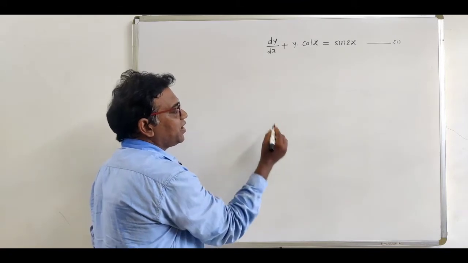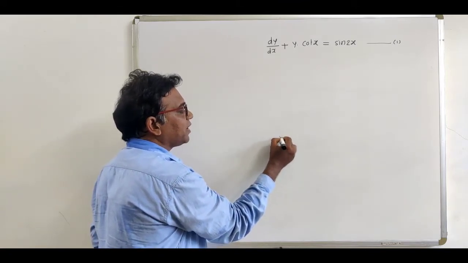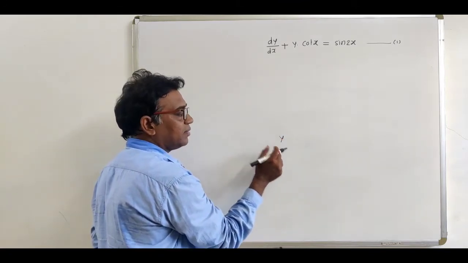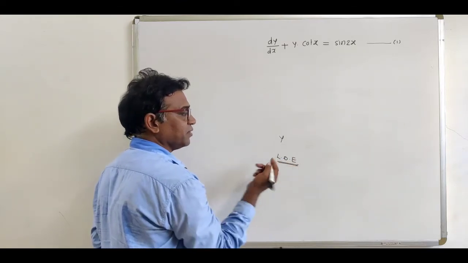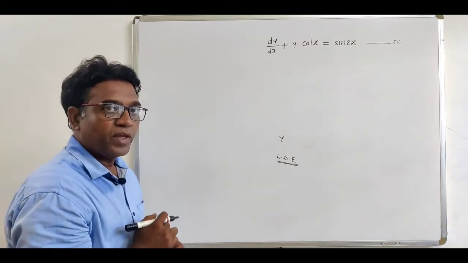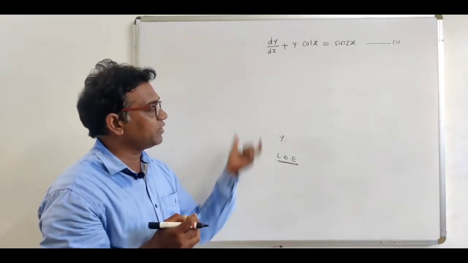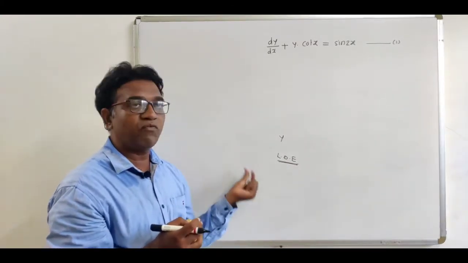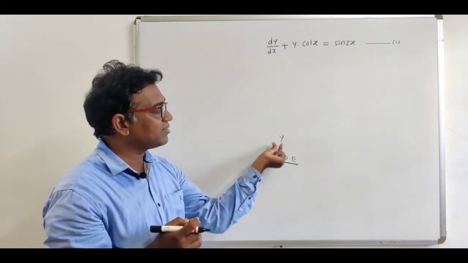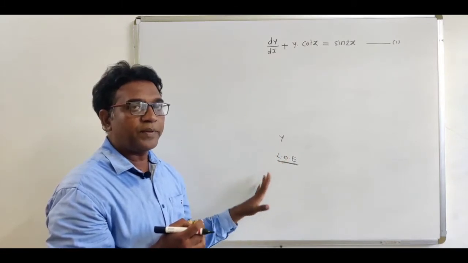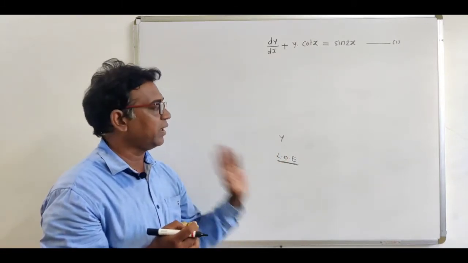If the differential equation contains a single y, then it may be a linear differential equation. Now obviously this differential equation contains a single y, so it may be a linear differential equation.